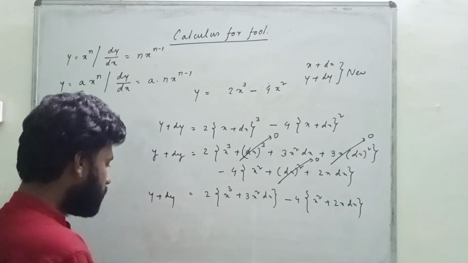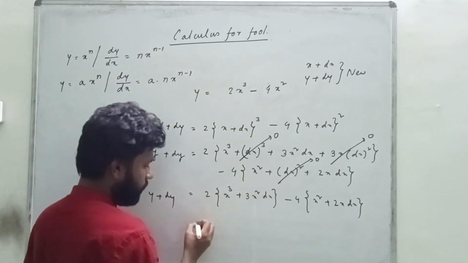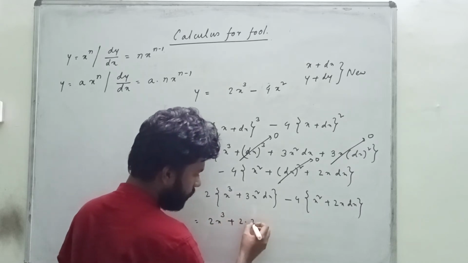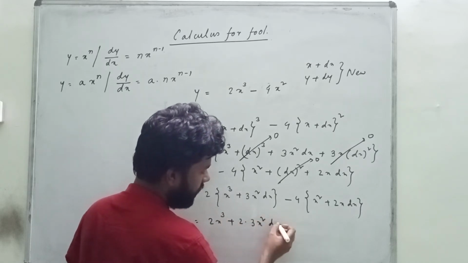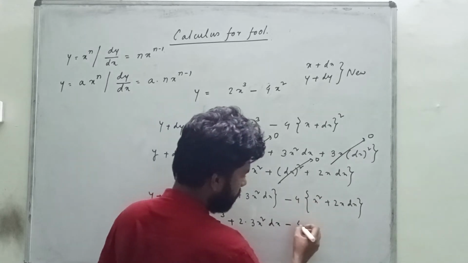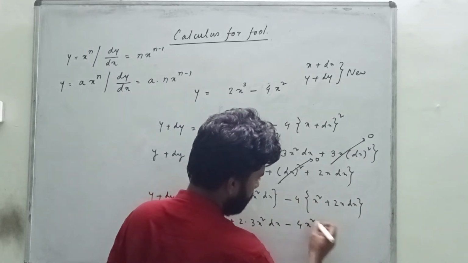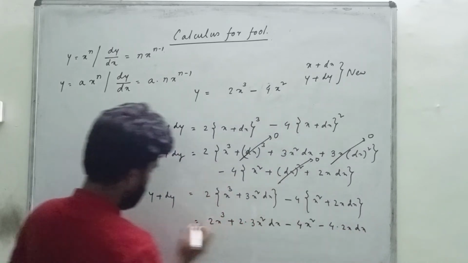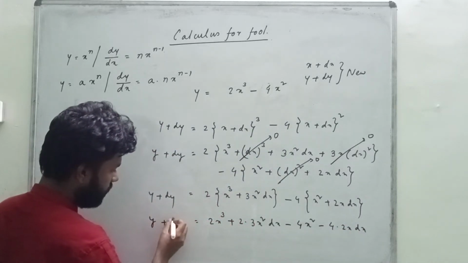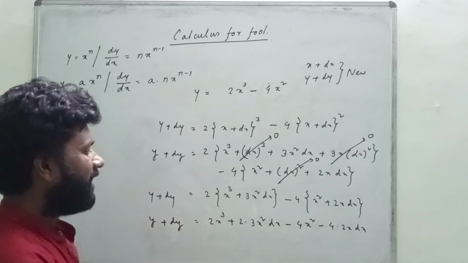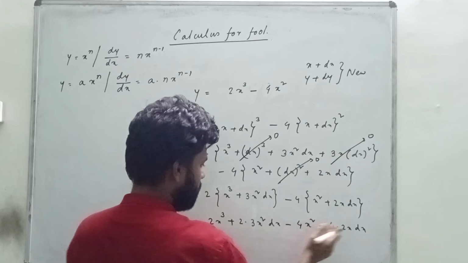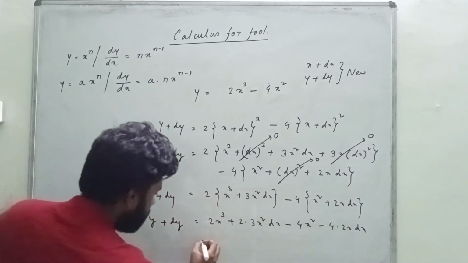Okay. So now just to product it out, you will get 2x cube plus 2 into 3x squared dx and then minus 4x squared minus 4 into 2x dx, right? Y plus dy. Okay. Now the simple jumping up here. The 2x cube minus 4x squared is a close relationship.